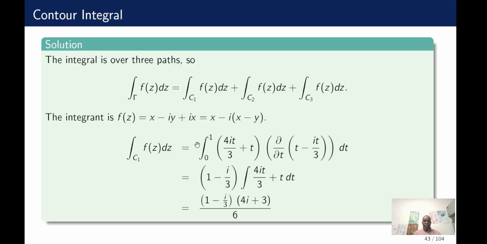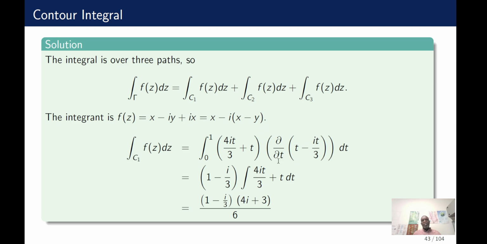Now for the parameterization over the first integral, you substitute for x and then y. So if we substitute into this, our x becomes this. The integrand becomes this. Our parameterization is t minus 1 over 3t. It becomes this.